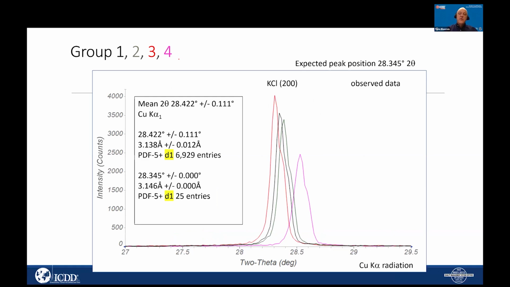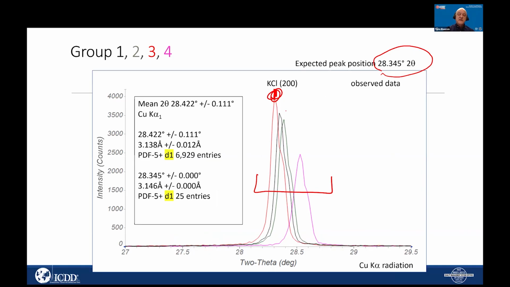And you'll see that when I look at that KCl peak, there is a distribution of 2 theta positions in the observed data. You'll see that the peak position expected using copper radiation is 28.345 degrees 2 theta, and one group was very close to having it in the correct spot.